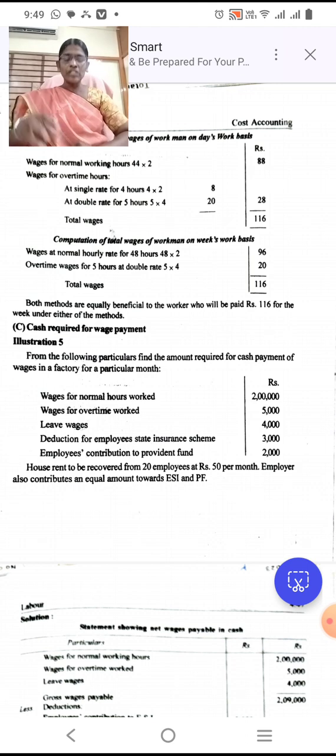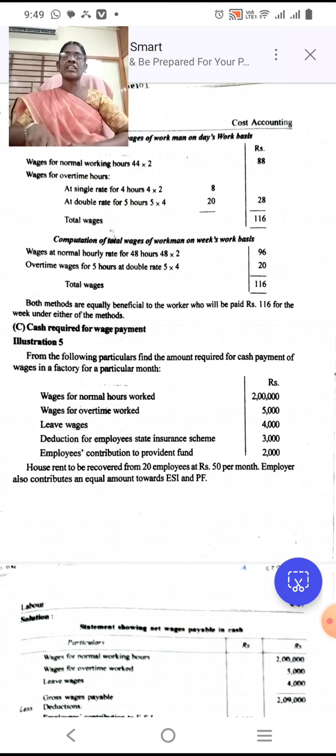So we need not pay this 3,000, but instead we deduct this amount from the total. We need not pay the entire 2 lakh 9,000. We can deduct 3,000, so we now need only 2 lakh 6,000.